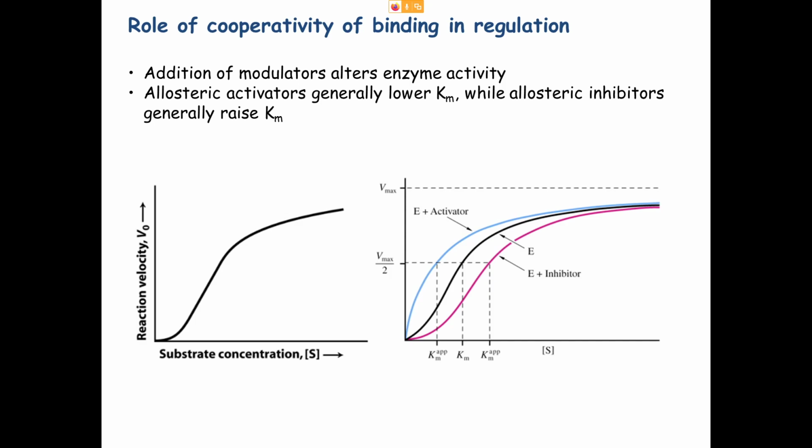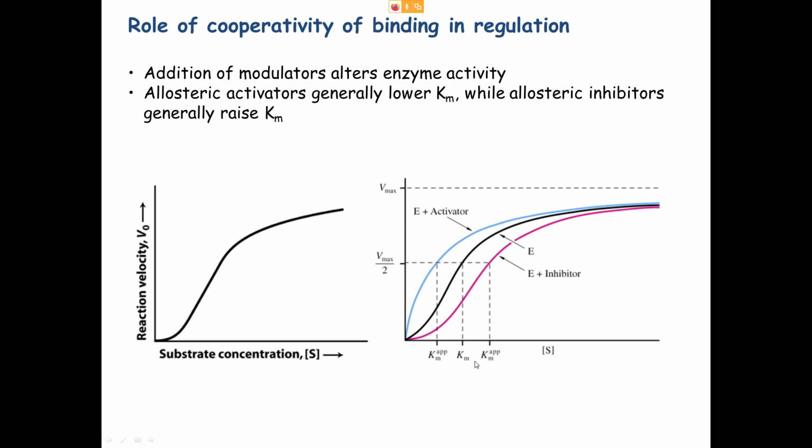This is how a lot of your enzymes behave, right? So they'll have small molecules that adjust their behavior depending on their presence. And you notice what it's doing, it doesn't change Vmax at all. These all three still approach the same asymptote as S goes to infinity. And they all still have a velocity near zero as S goes to zero. But they change where the Km appears to be.